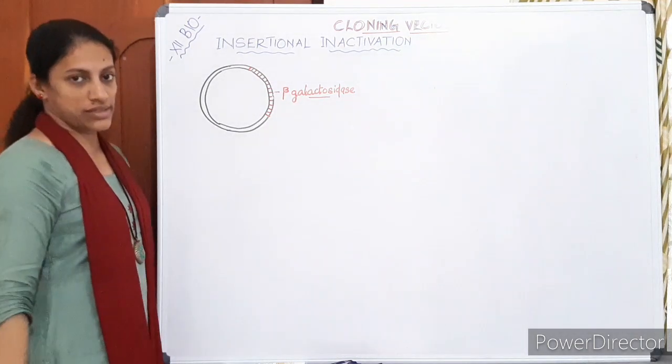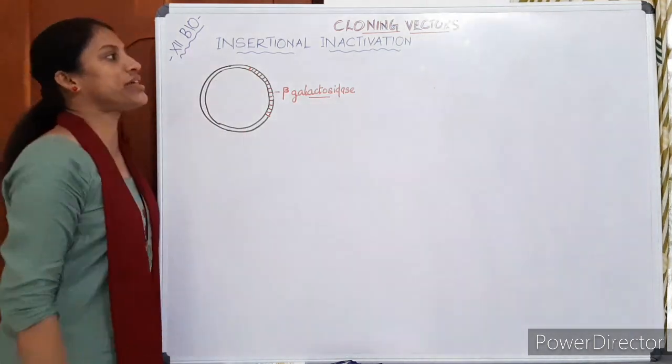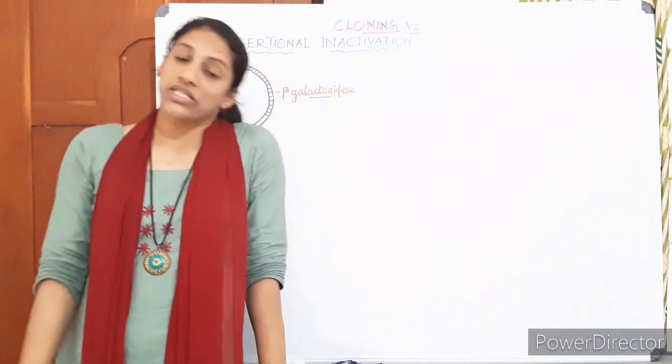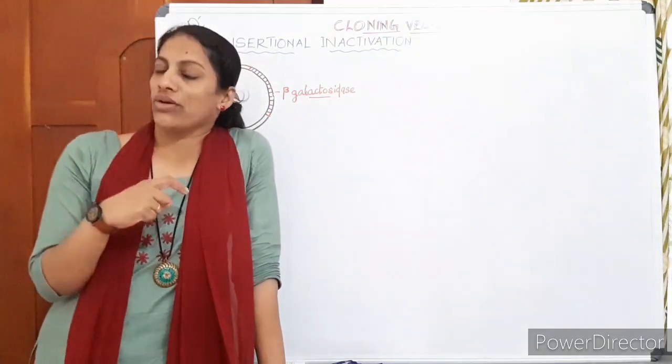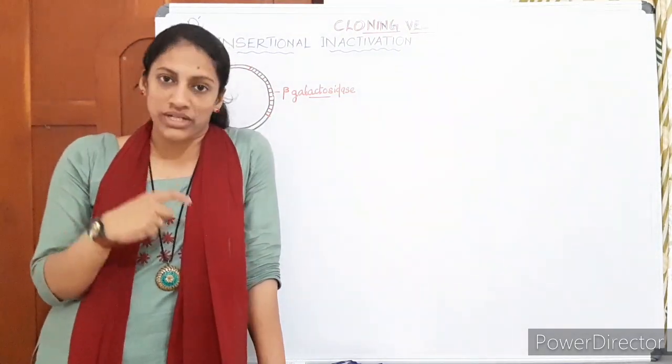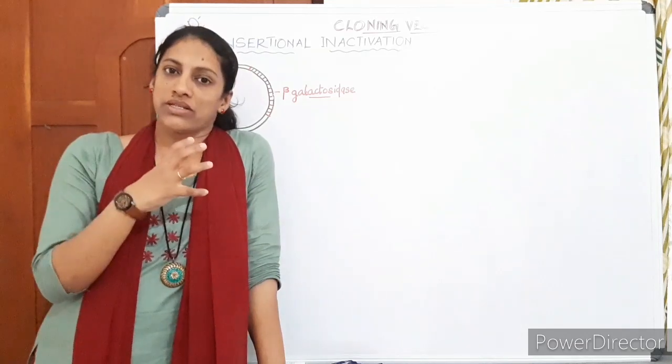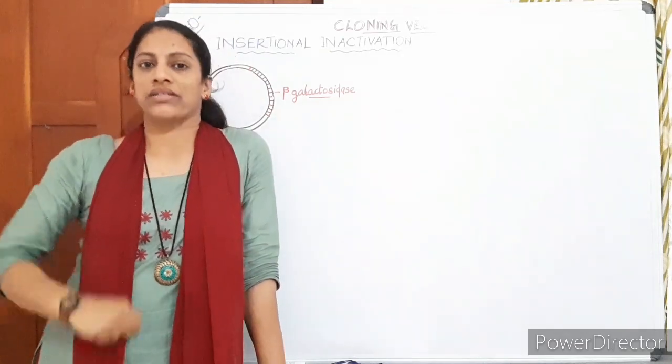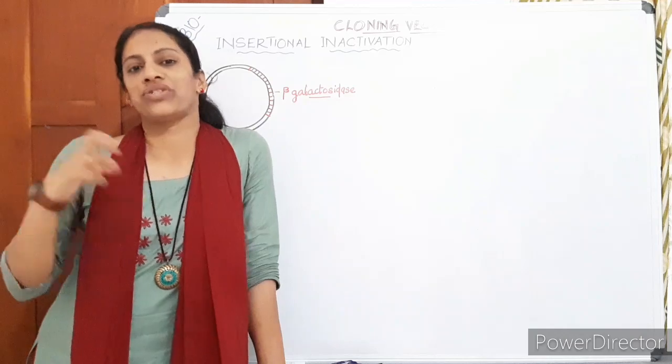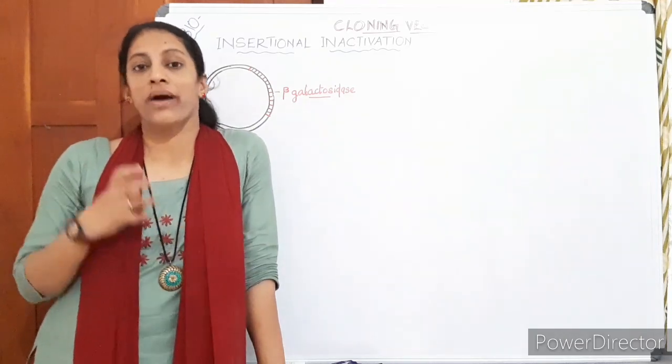In both cases we can call it insertional inactivation. This is because due to the insertion of a desired gene or foreign DNA, the plasmid, and thereby the bacterium, is losing a particular character, a particular property.